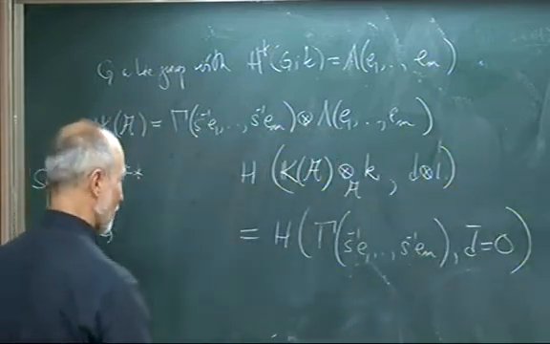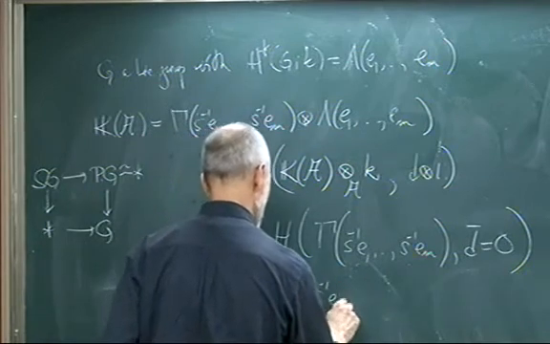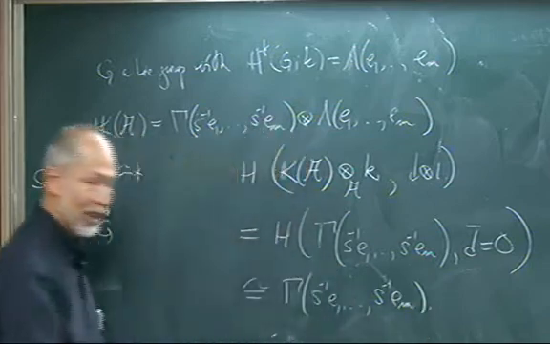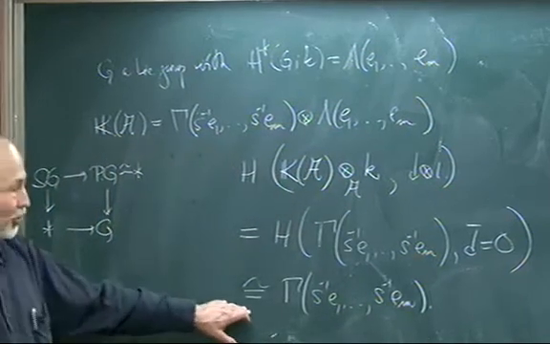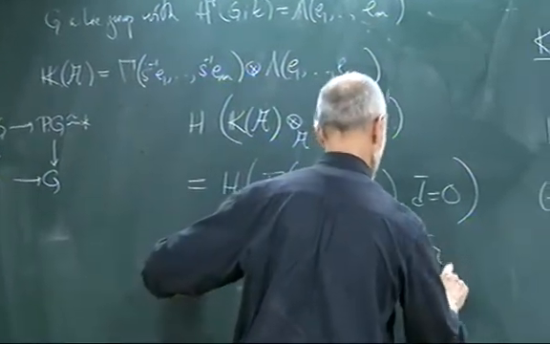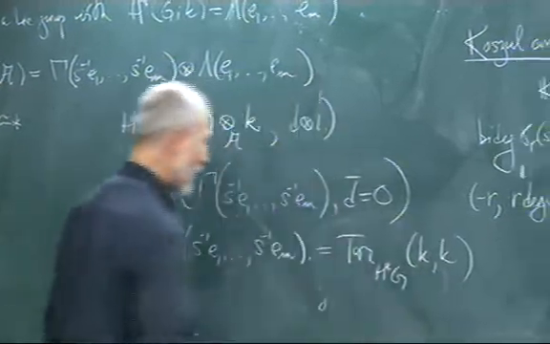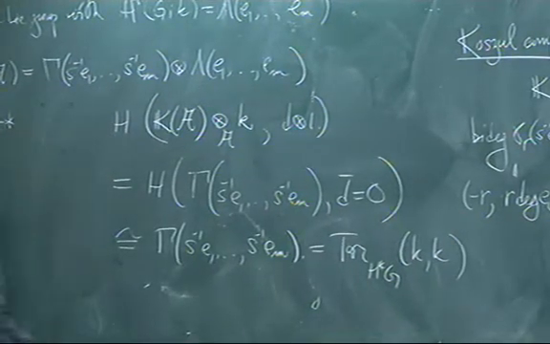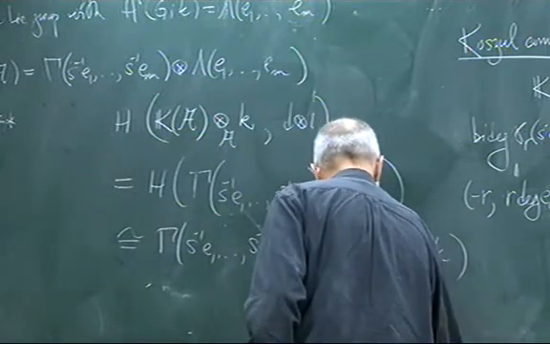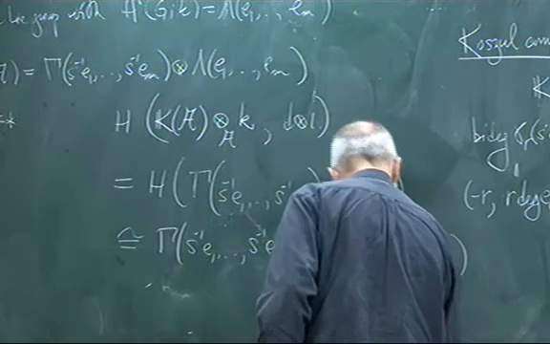And this will be isomorphic, of course, to this. And so the last step of the calculation is this is Tor over H star of G, K, and this converges by the Eilenberg-Moore spectral sequence to H star of omega G, K.